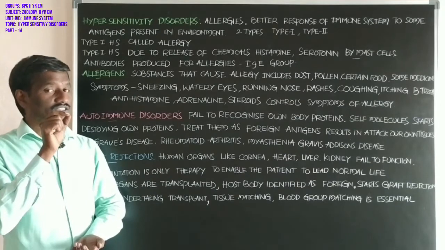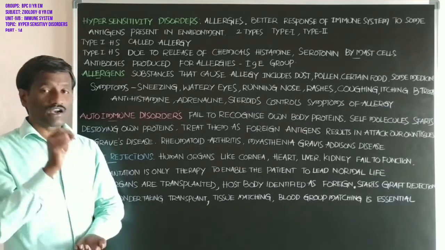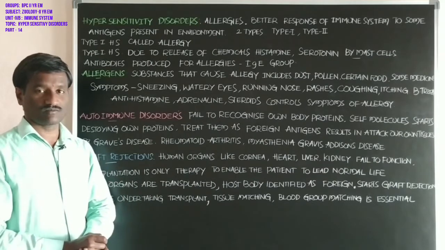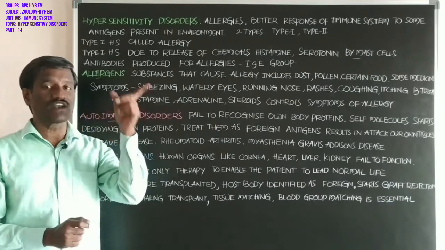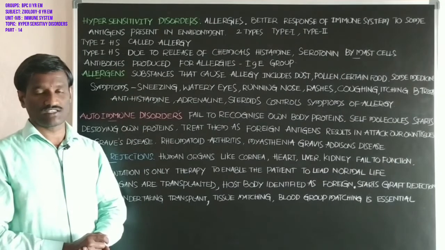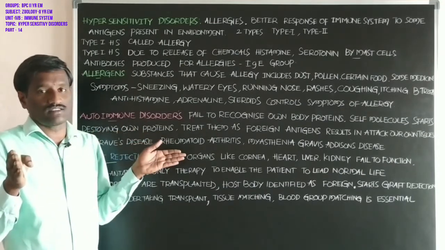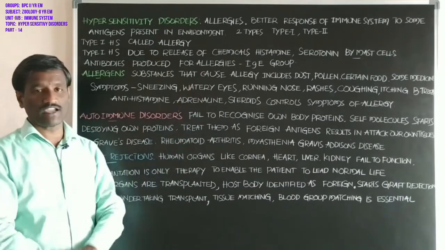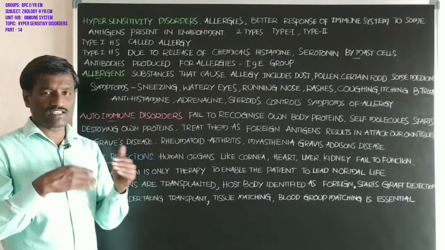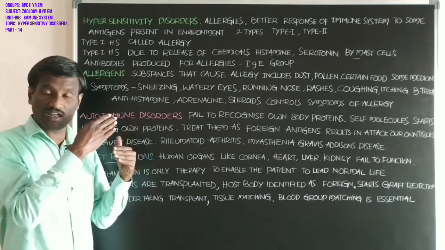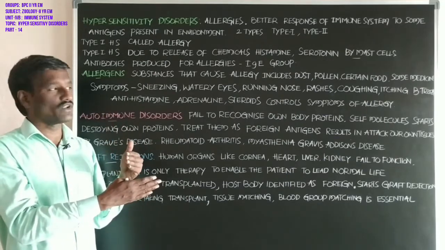Histamine is a vasodilator and serotonin is a vasoconstrictor, which constricts the blood vessels. Histamine dilates the arteries. Histamine is the chemical secreted by mast cells present in the connective tissue of the body.